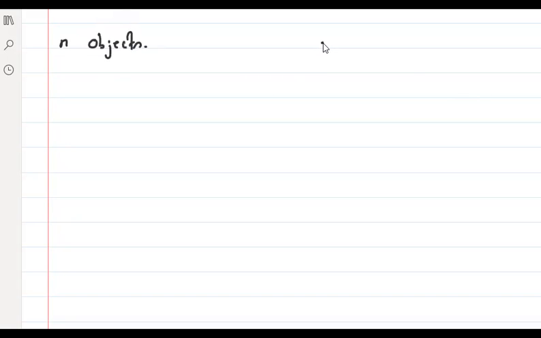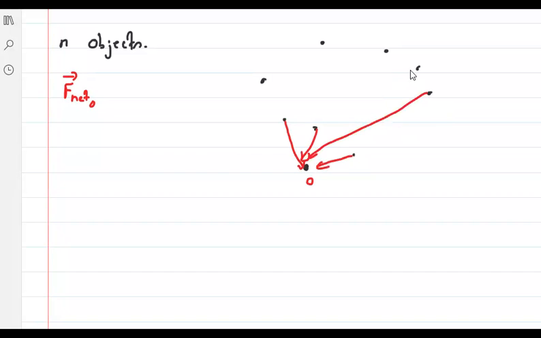I want to find the net force on object O. This will be the force due to all the objects.